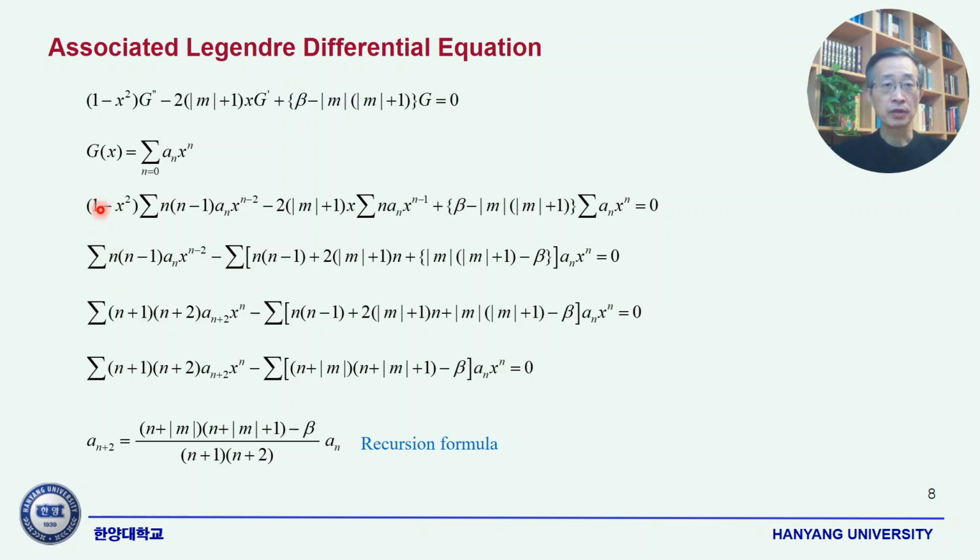Okay, but here you multiply with the 1, that's this term, n(n minus 1) a_n x to the n minus 2. If you multiply with the x squared, you're getting x to the n. And here also you have x to the n with minus. Okay?